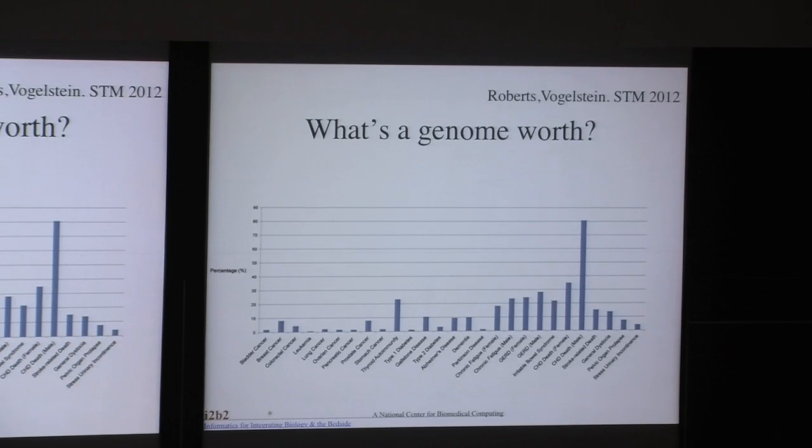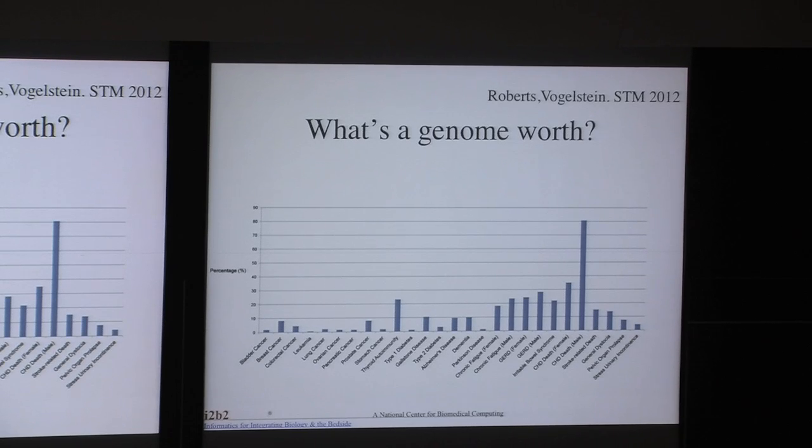There was a very interesting article that appeared in Science Translational Medicine by Roberts and Vogelstein, basically the Hopkins Mafia. Based on a study of large twin cohorts, looking at identical twins and non-identical twins, they were able to come up with very good estimates of heritability for on the order of 18 different common diseases.